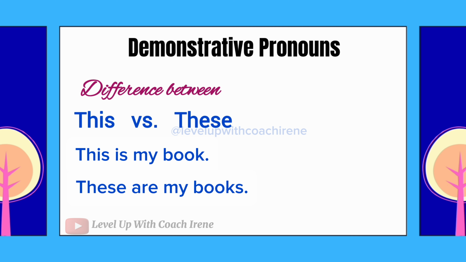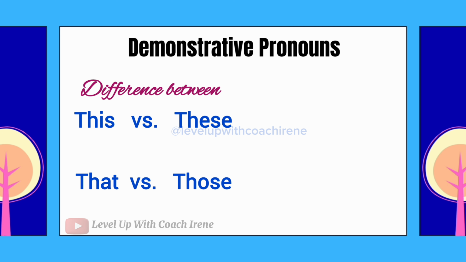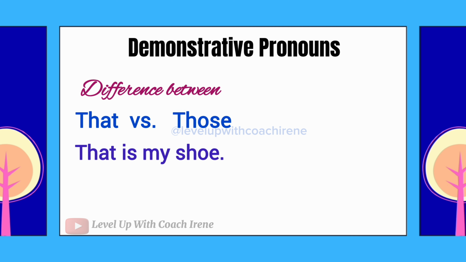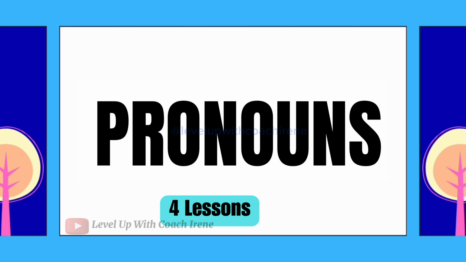Both pronouns are used for something far away, either in space or time. However, that is singular, whilst those is plural. Examples we have: that is my shoe. Those are my shoes.